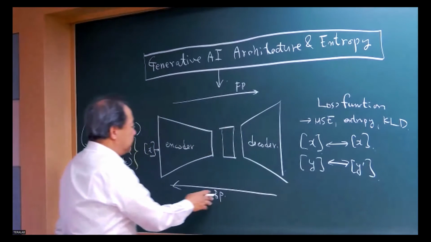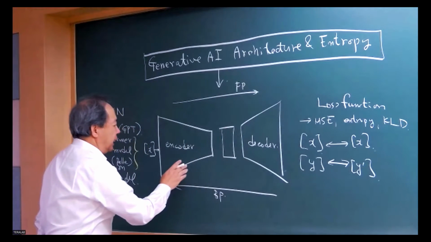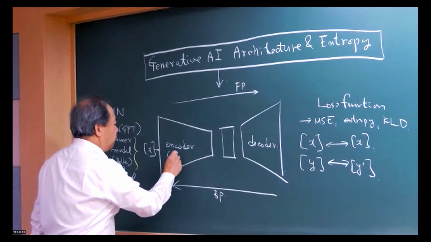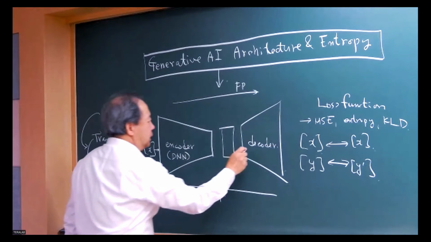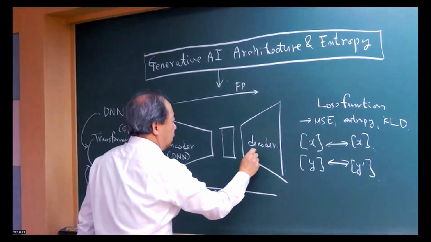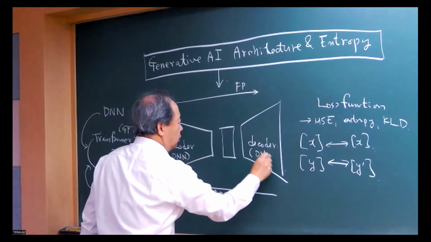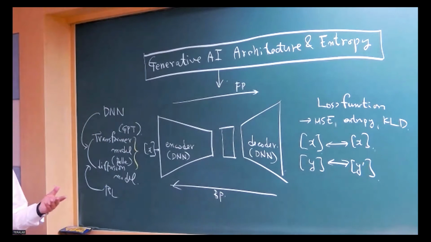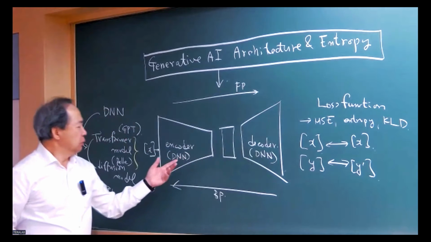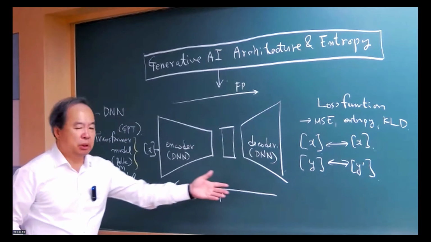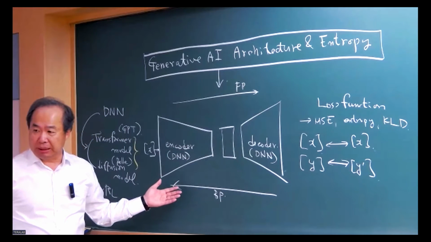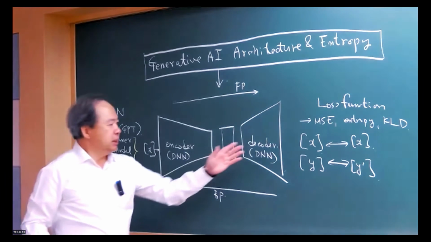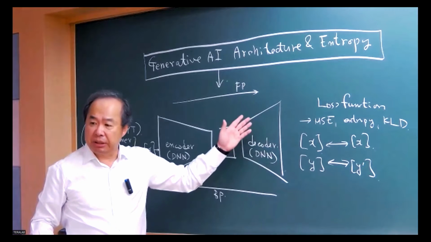Then we have to update this decoder and encoder network. Encoder is a form of deep neural network, and decoder may be another deep neural network. You have to update the parameters of the deep neural networks of decoder and encoder during the backpropagation process. And you remember that this decoder has multi-layer structures.